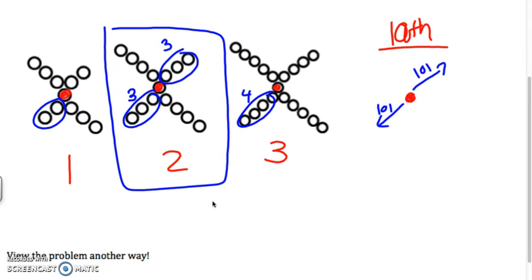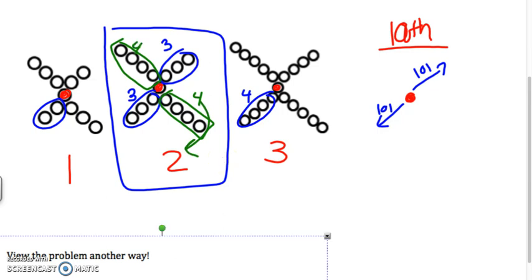Now I'm going to look at the other part of the leg, so that would be the legs going up and down. I see that there are 4 in the second one. Same thing up here. So how that number relates is there are 2 more than where I was. Let me make sure that double checks right here. There are 5 in the third one, so there are 2 more than where I was.